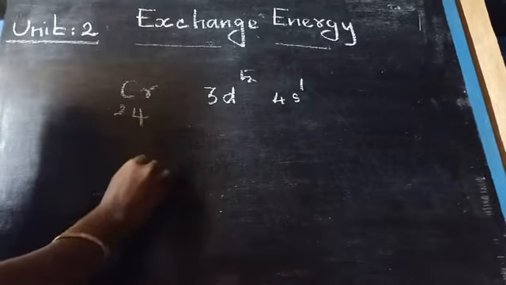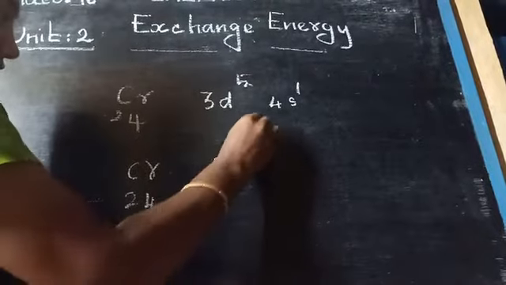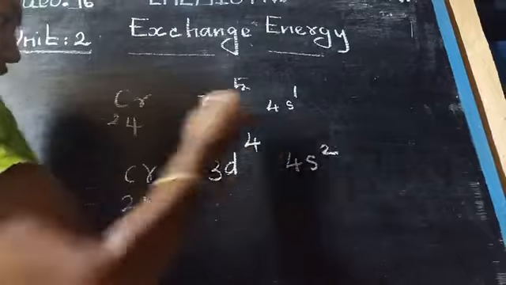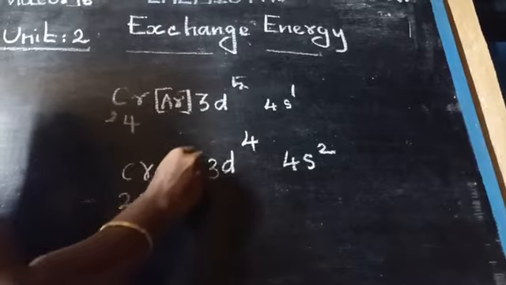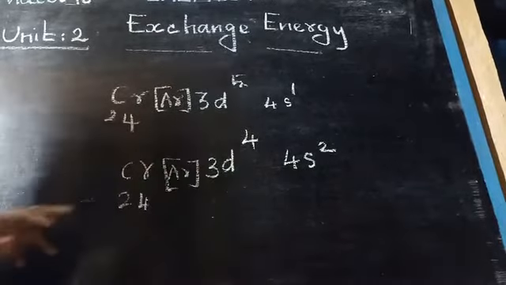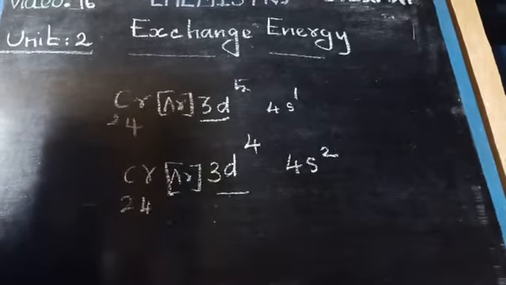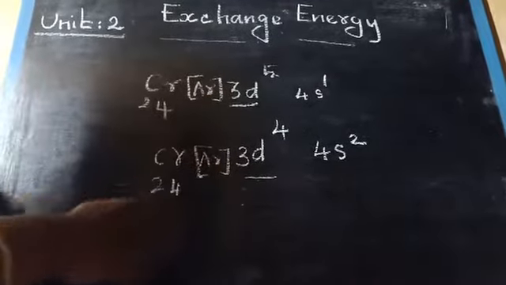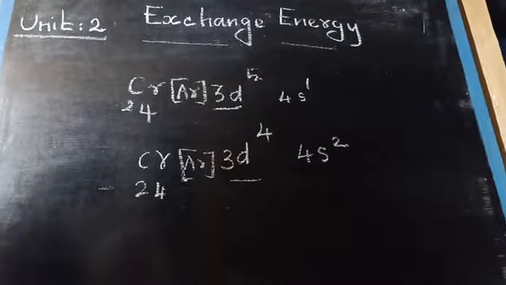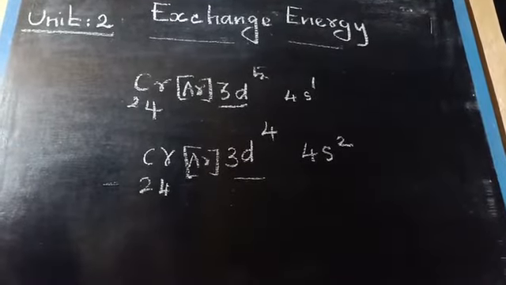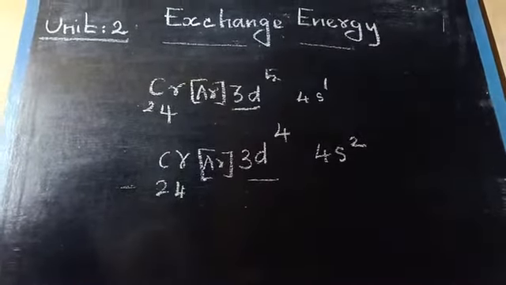The same chromium could be 3d4 4s2, but in 3d5 4s1 the atom is more stable. Why is the atom more stable? There are two reasons: one is symmetry and another is exchange energy.